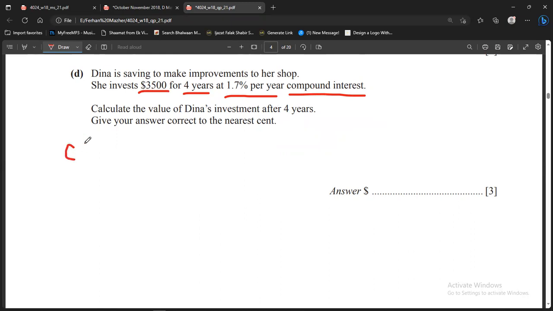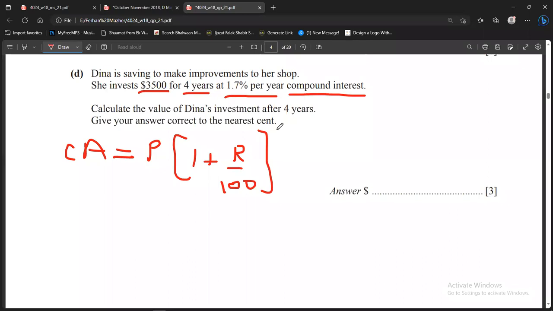You know, the compounded amount is equal to the principal times (1 plus R divided by 100) raised to the power T, or sometimes people write it as N. Okay, so the principal is 3,500, R is 1.7, and T is 4 years.